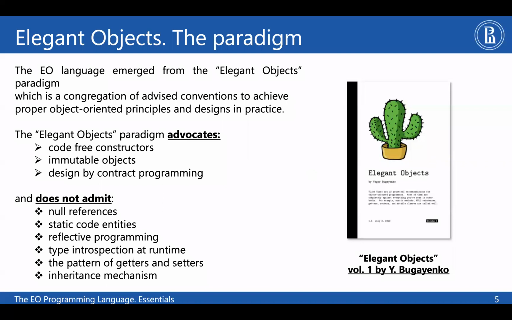The Elegant Objects paradigm advocates immutability of objects, which is the central idea of the language too. Also code-free or logic-free constructors, which means that the construction of an object should be a primitive process. In addition, Elegant Objects advocates pure object-oriented programming, which means no null references, no static entities, no classes, and surprisingly, no inheritance.